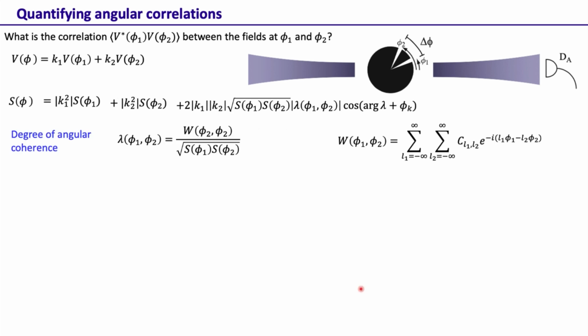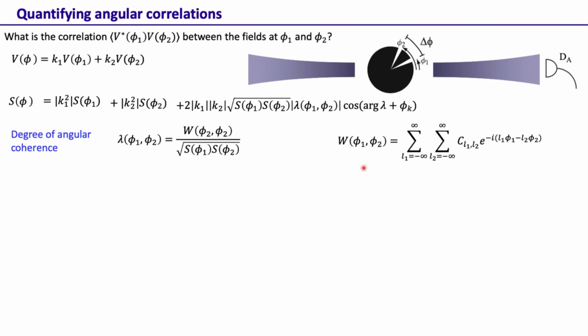Okay, so now we know how to calculate the correlation between phi 1 and phi 2 by looking at the intensity at some other location. That's the degree of angular coherence, and that's the angular correlation function, the generalized Fourier transform.